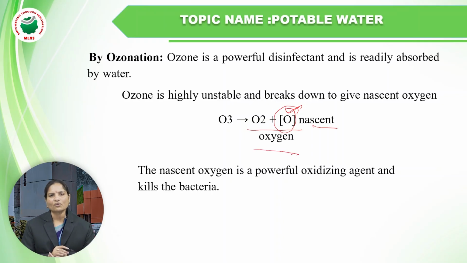This nascent oxygen is a very powerful disinfectant and a very powerful oxidizing agent. Only with the formation of nascent oxygen does the disinfection process take place. Why? Because nascent oxygen is a very powerful oxidizing or disinfecting agent, and it interacts with the bacteria and destroys them in the water.